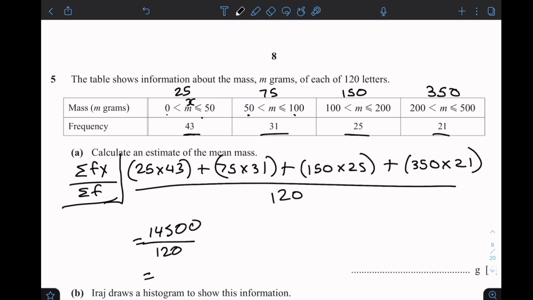And if you divide this by 120, you get 120.8 grams, which is equal to 121 grams.